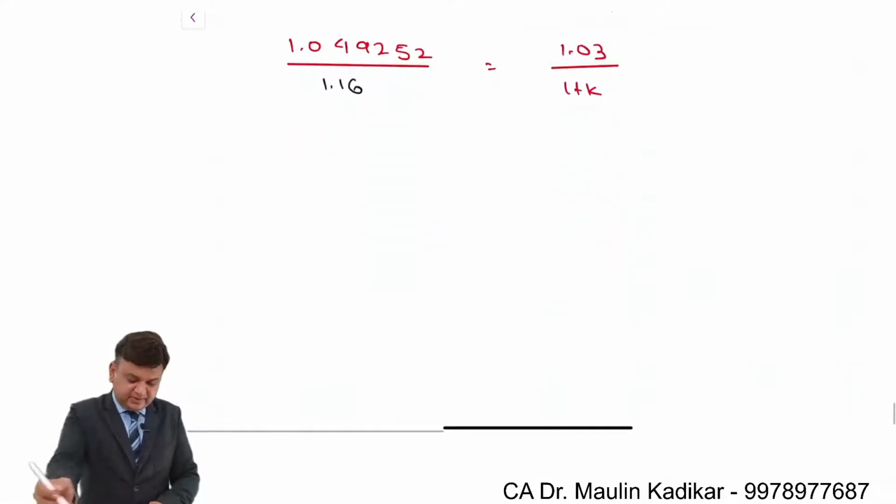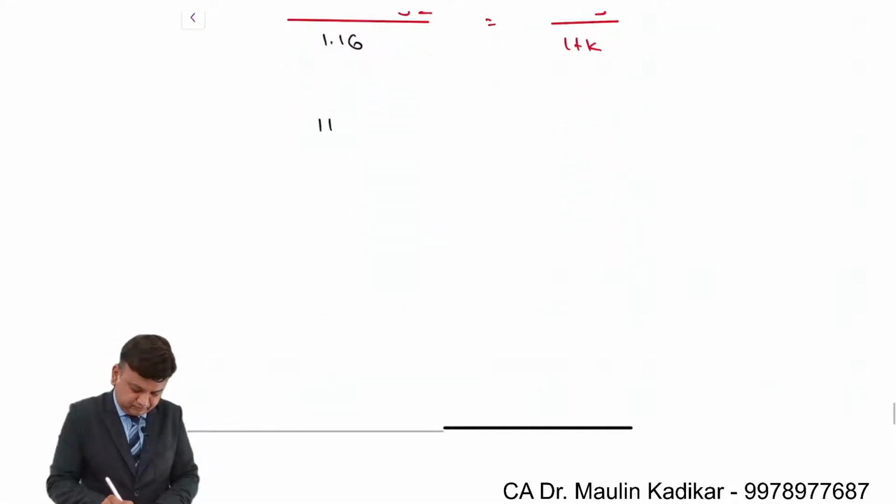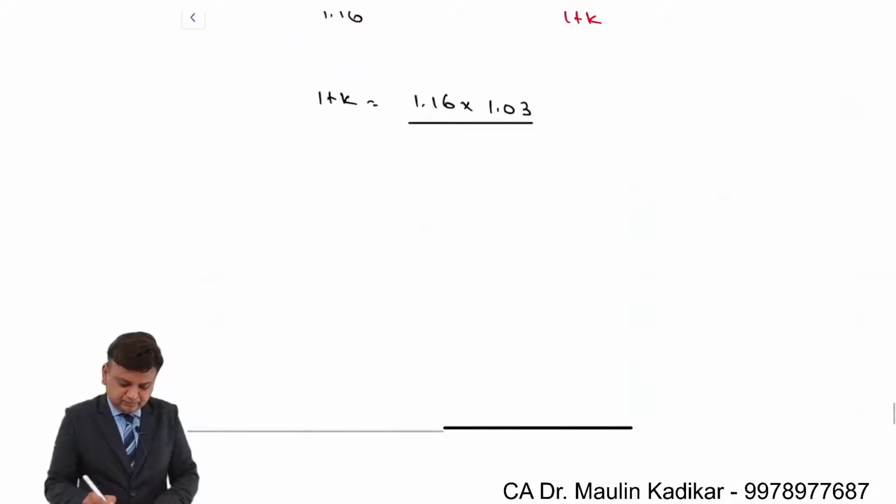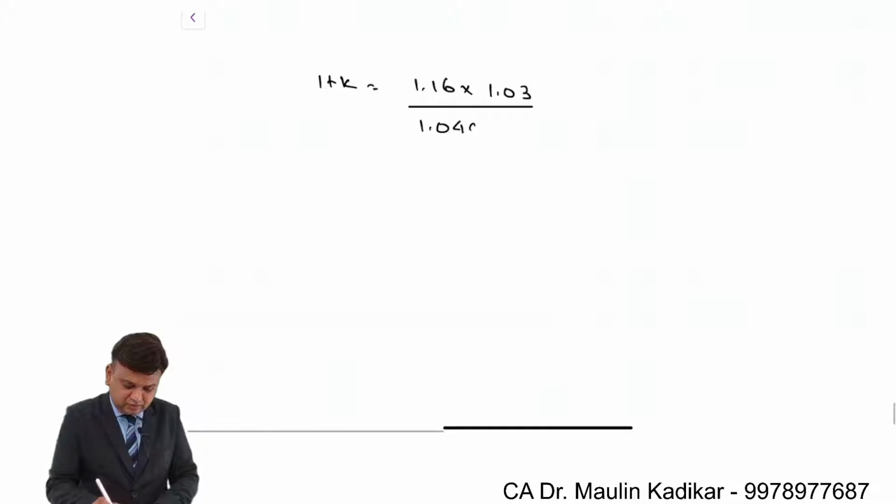So 1 + k is equal to 1.16 into 1.03 divided by 1.049252.